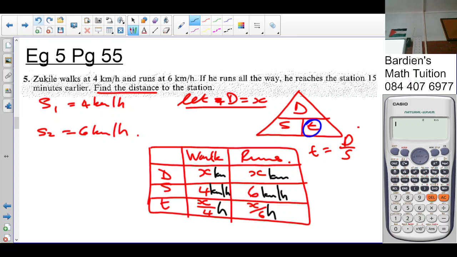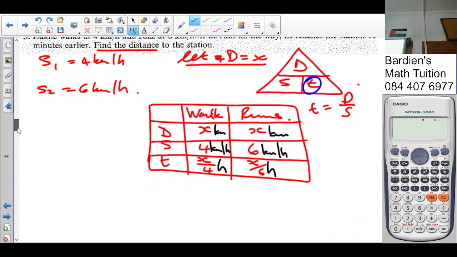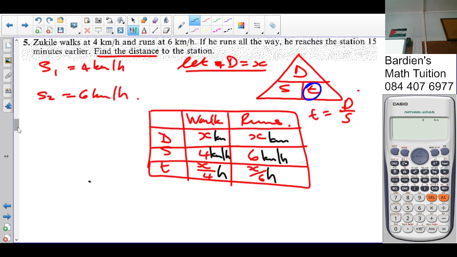So which means to say, if he walks, the time taken for which he walks will be equal to the time taken where he runs plus 15 minutes, which is 15 over 60.